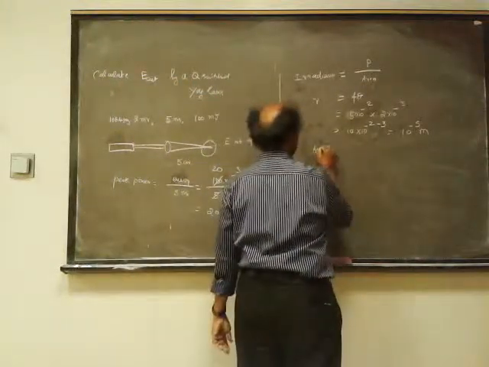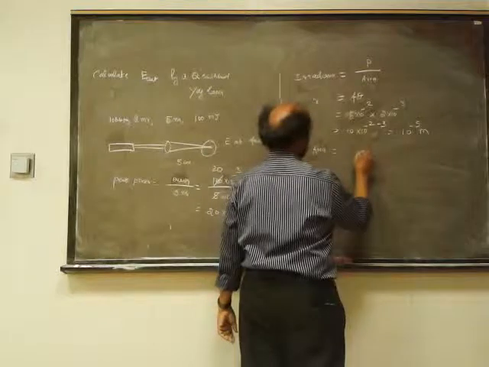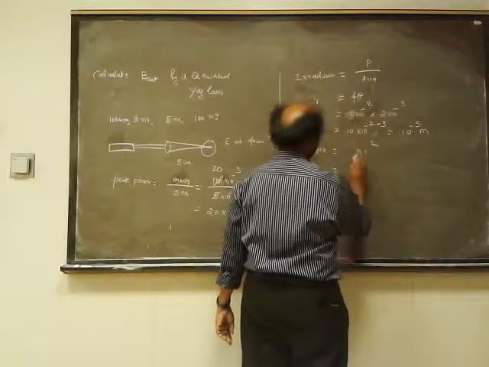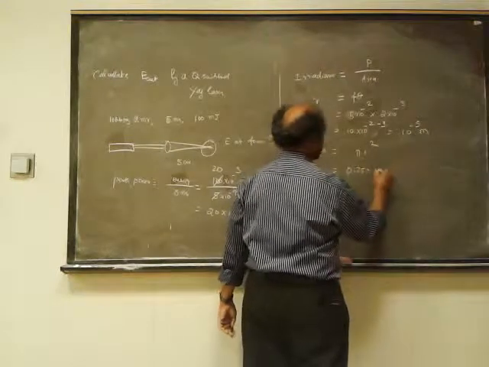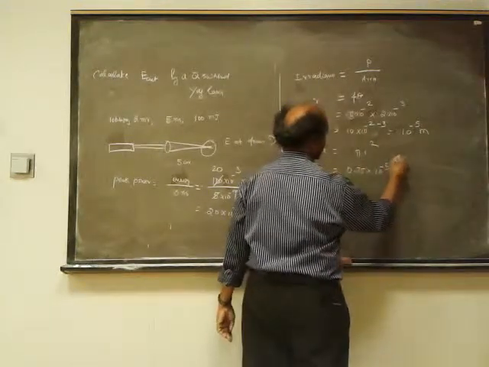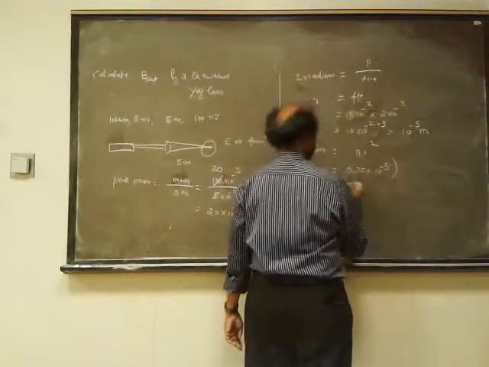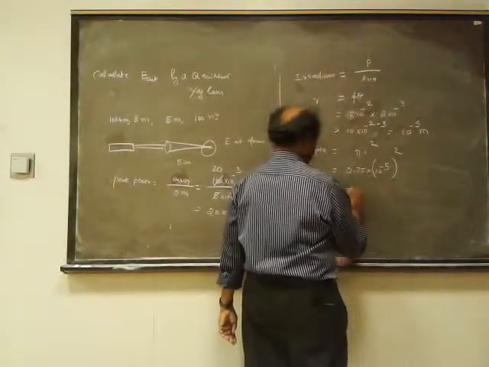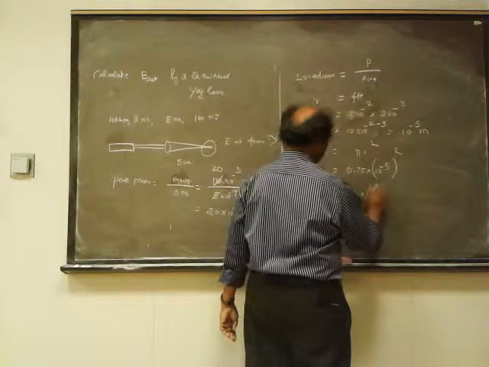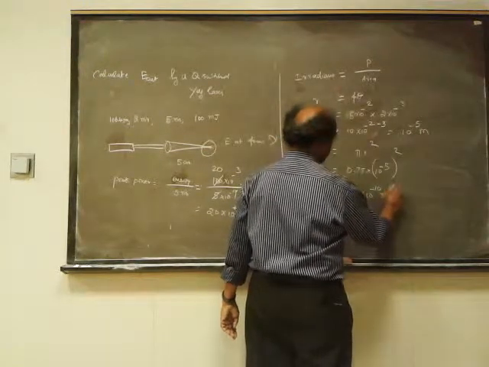Area would be pi r square. Take pi as 0.75. R is 10 power minus 5 meters, squared. So this will be 0.75 into 10 power minus 10 meters square.